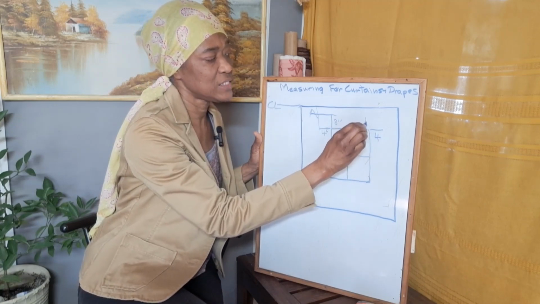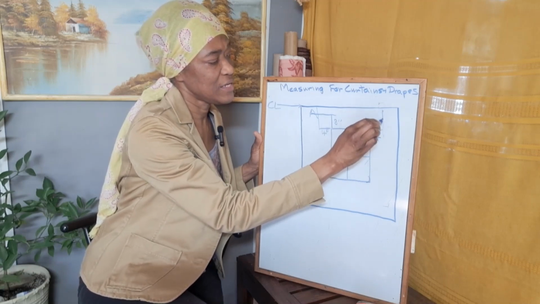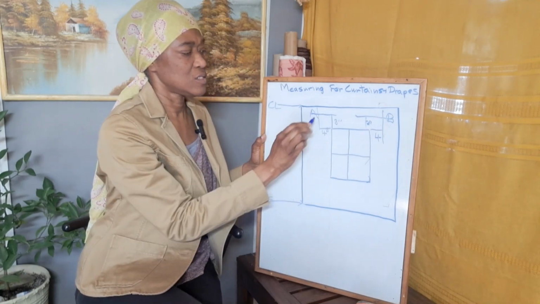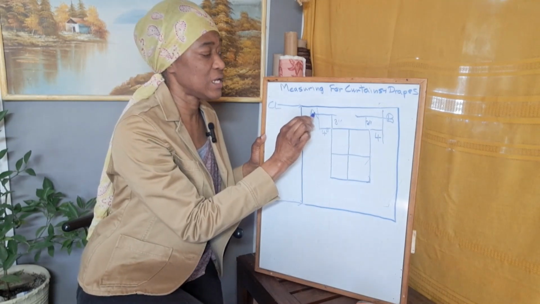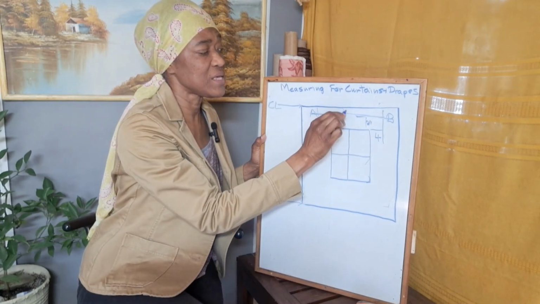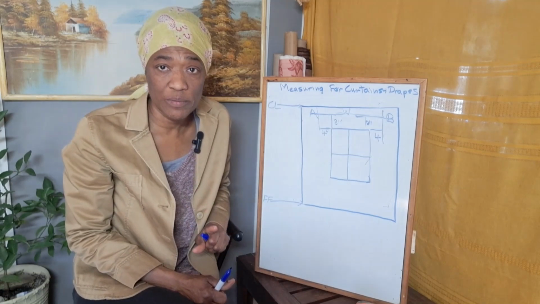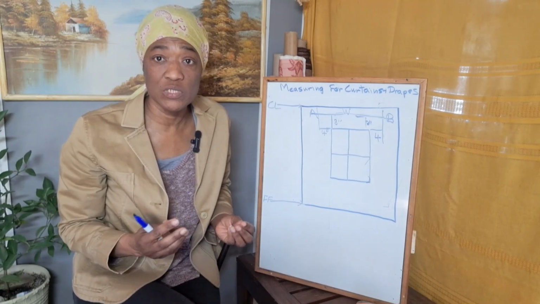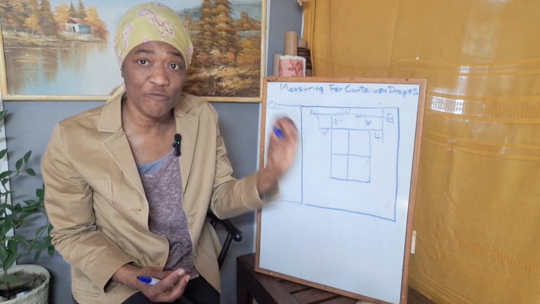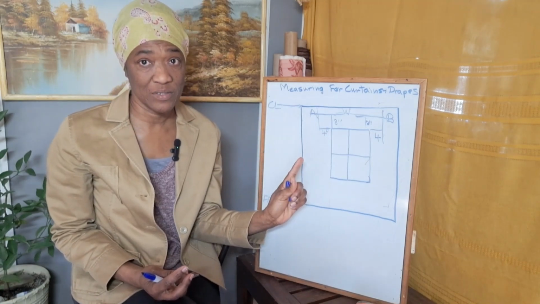We're going up 8 inches, and so where the line intersects over here, it's point B. So we will have a line from point A all the way across to point B. That will be the width of the window treatment. And we're not thinking about fullness or anything like that, because that's another calculation for your fabric. But first, we have to get these measurements, right?